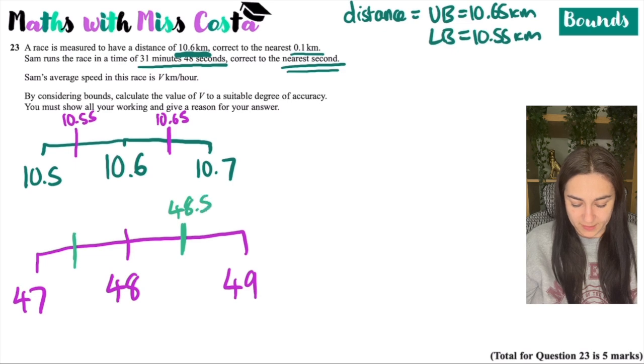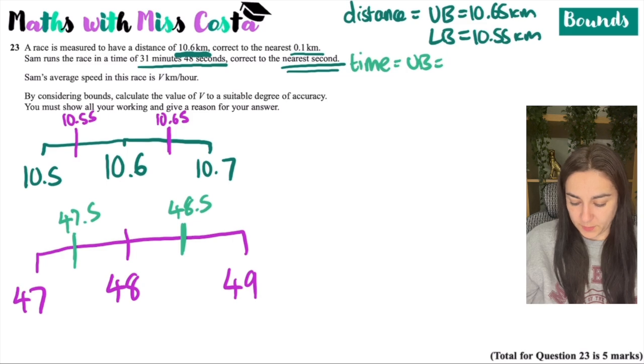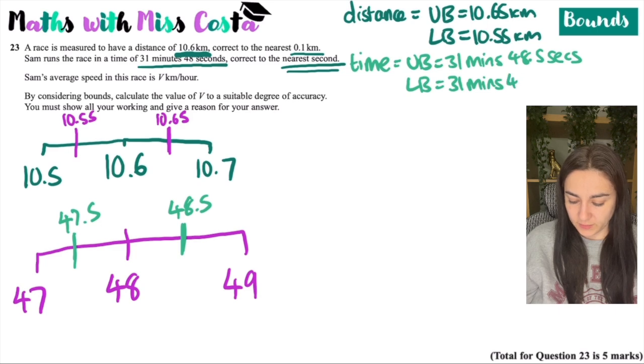That would be 48.5, and 47.5 would be my lower bound. So in terms of time, the upper bound is going to be 31 minutes and 48.5 seconds, and the lower bound is going to be 31 minutes and 47.5 seconds.